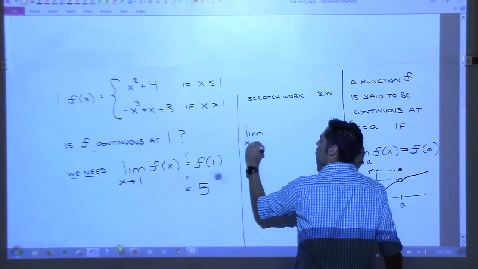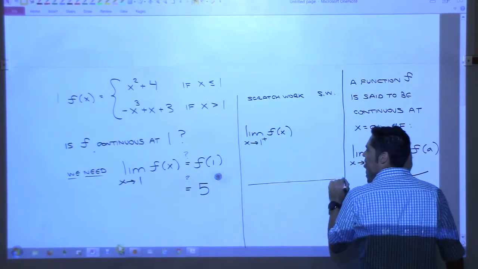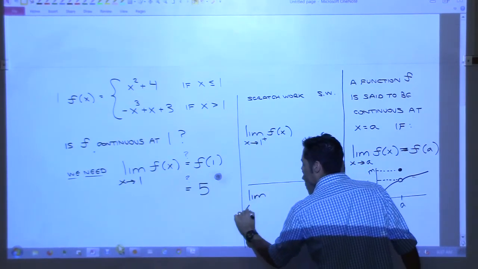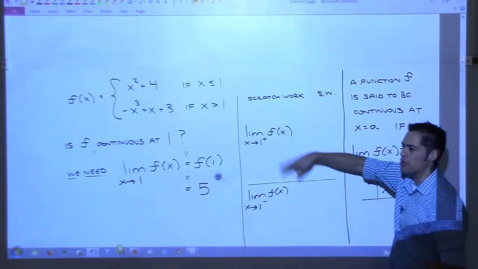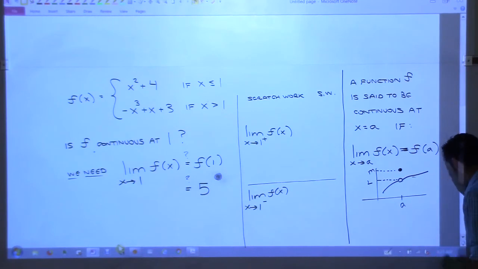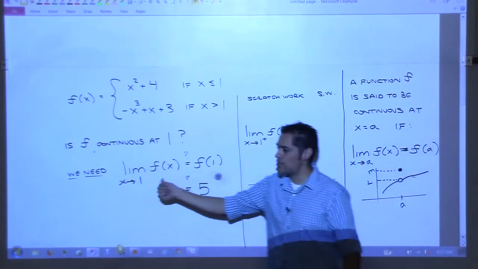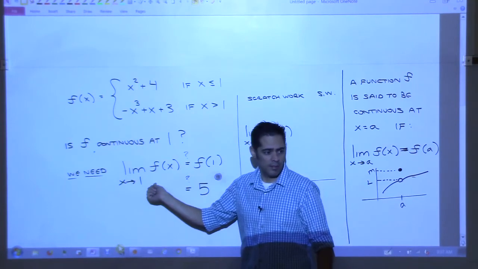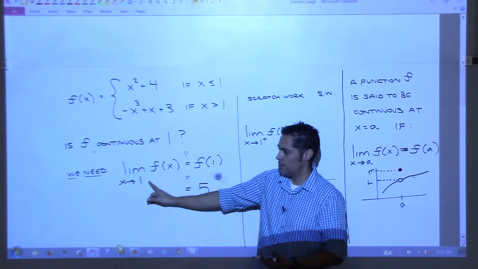The limit as x approaches 1 from the right of the function, and after that, the limit as x approaches 1 from the left of the function. It doesn't matter which one you do first. Does everyone understand that we need to look at both of these in order to answer what this is? Yes? Because it doesn't indicate left or right, that means it's both.